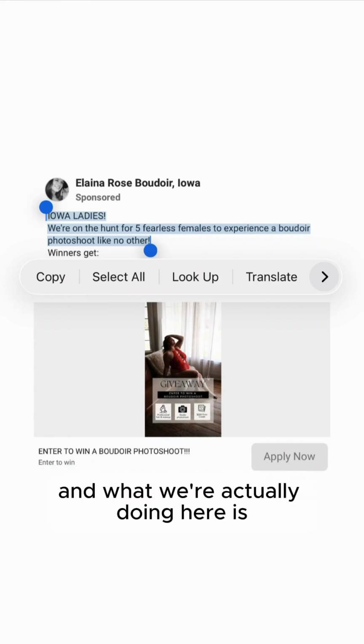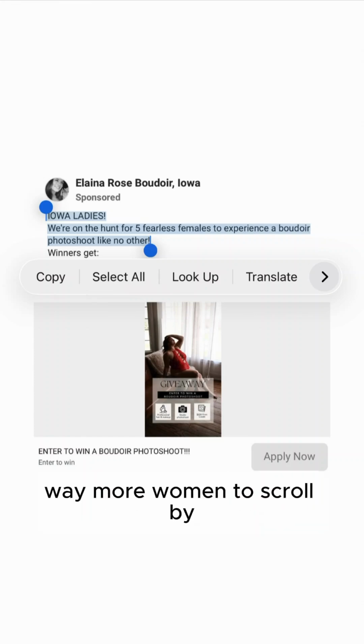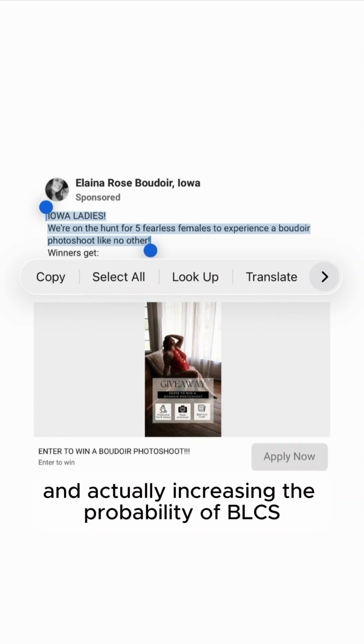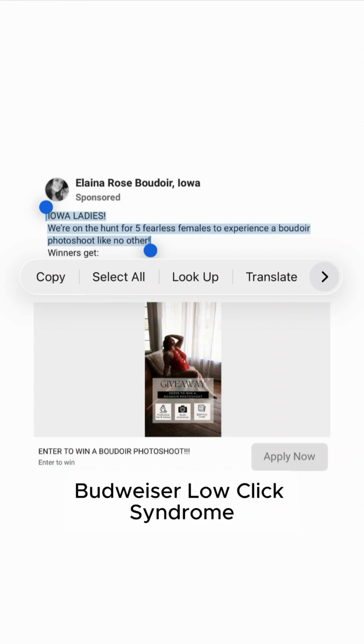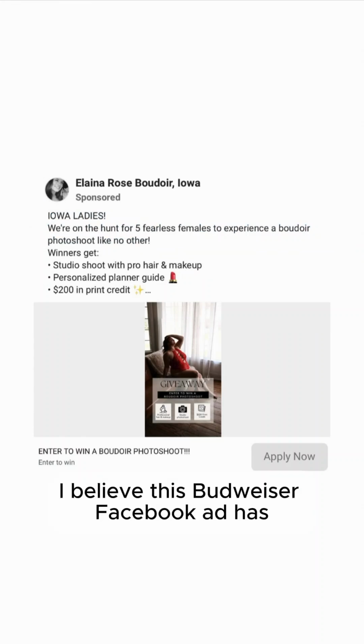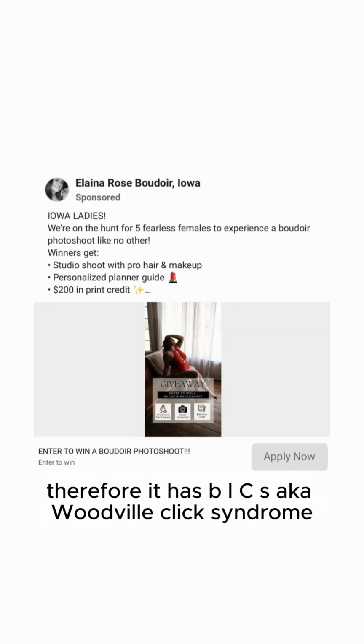And what we're actually doing here is we're not hitting the mark, causing way more women to scroll by our Boudoir Facebook ad than necessary, pulling our unique CTRL under 6%, and actually increasing the probability we have BLCS, Boudoir low click syndrome. So after all that, my diagnosis is I believe this Boudoir Facebook ad has a unique CTRL under 6%. Therefore, it has BLCS, aka Boudoir low click syndrome.